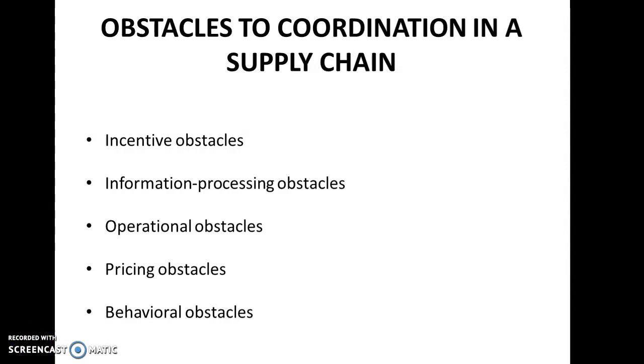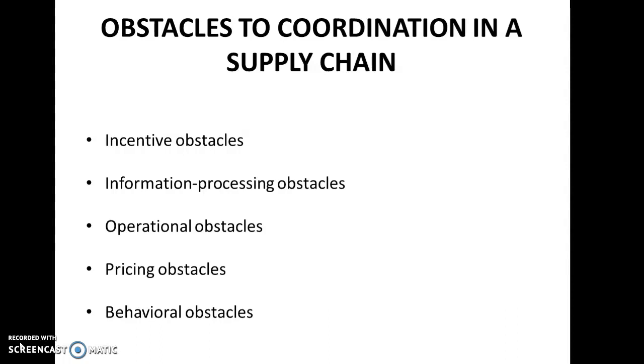Now we will discuss the topic obstacles to coordination in a supply chain. We have discussed the importance of coordination in supply chain. Lack of coordination in supply chain leads to increase in various costs like manufacturing cost, transportation cost, warehousing cost, etc. And also it affects the performance of supply chain system.